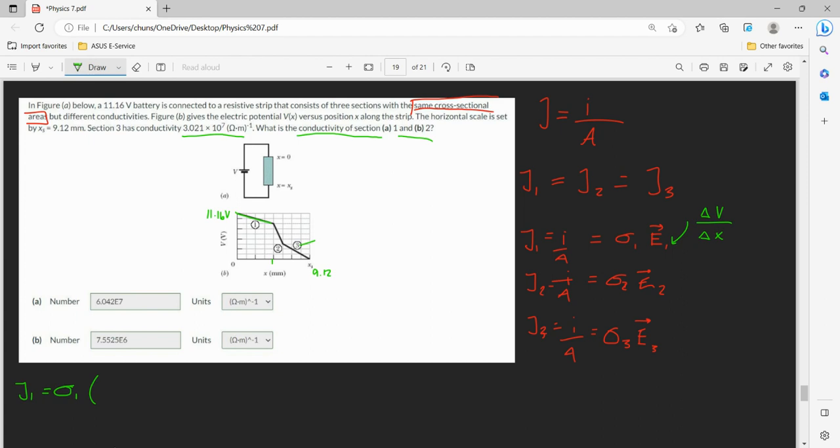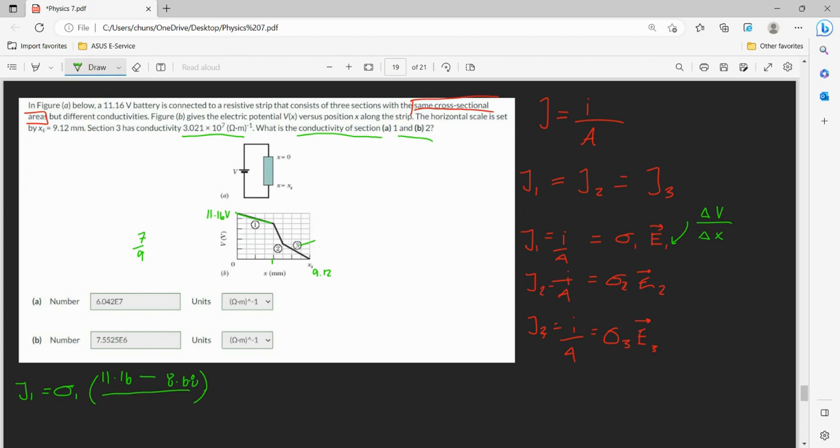So we're starting at 11.16, and we're going down to, so this is 2, 3, 4, 5, 6, 7, 8, 9. So we have 9 sections. So we're going down to 7/9 now of 11.16. 7/9, and this is minus 8.68.